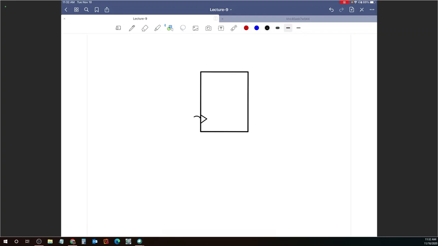Okay, so we are working with a negative edge triggered JK flip-flop. We of course have Q and Q complement over here, and we have J and K. That's my given flip-flop.